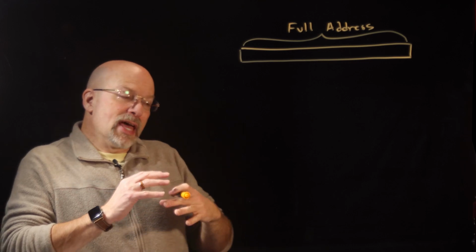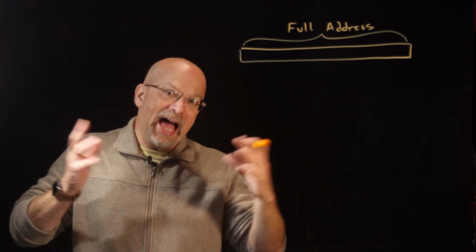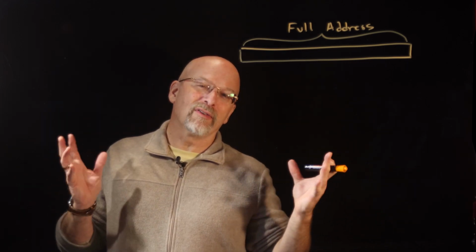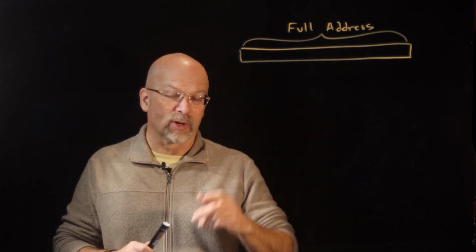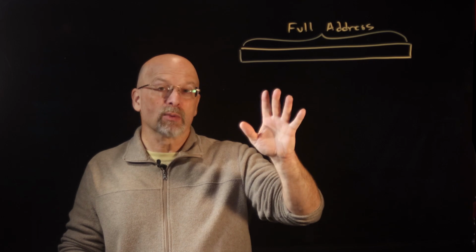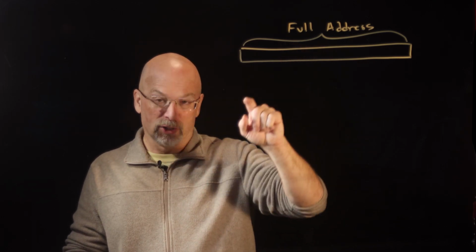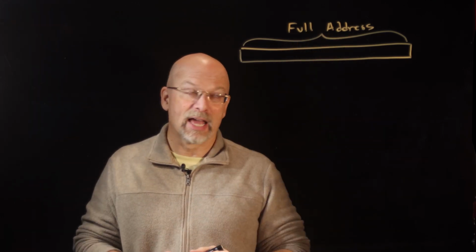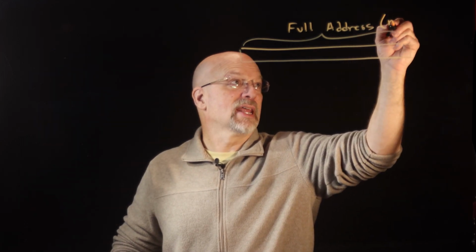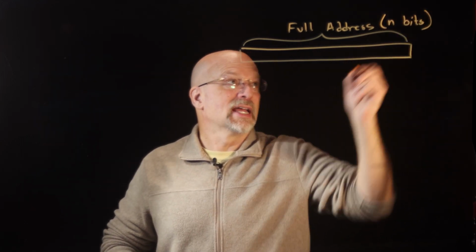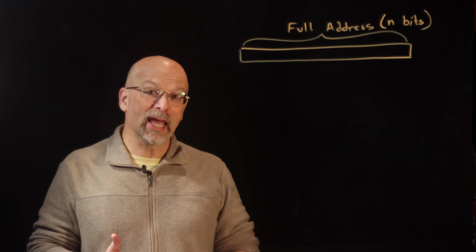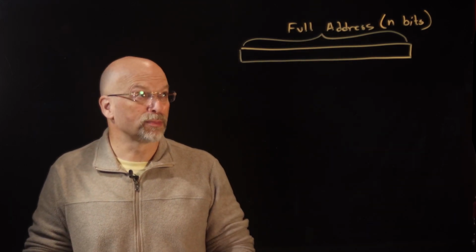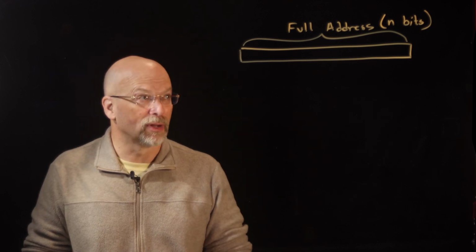Remember that the address space, the total number of elements we can access uniquely, is 2 to the number of bits in that address. So if I've got n bits that identify that address, 2 to the n is the size of the memory space referenced by that full address.